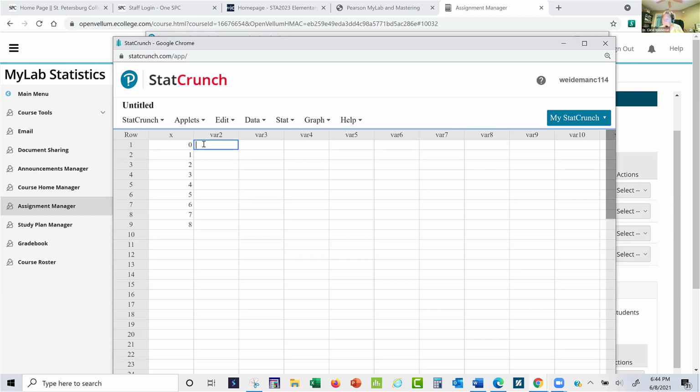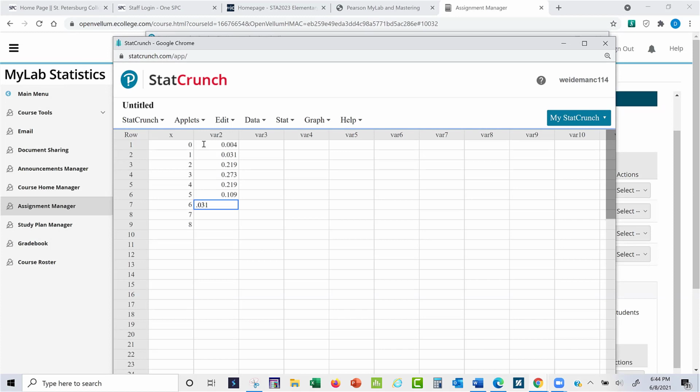And then if I put my probabilities in: 0.004, 0.031, 0.219, 0.273, 0.219, 0.109, 0.03. Oops, I missed one.